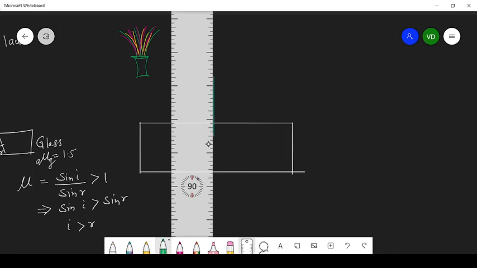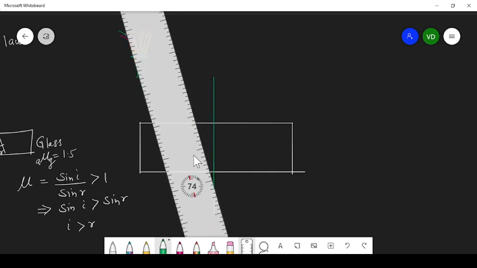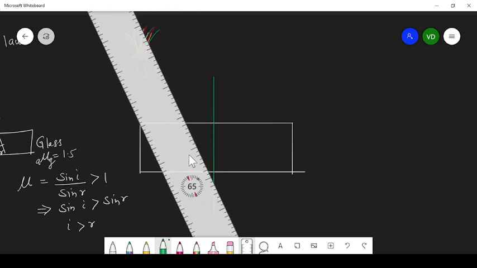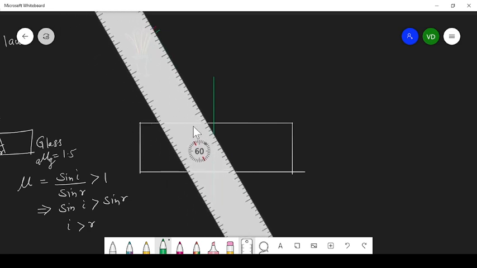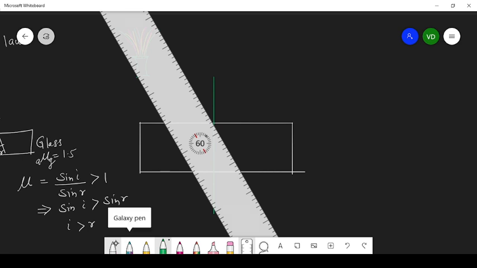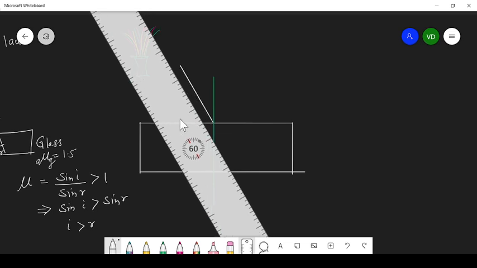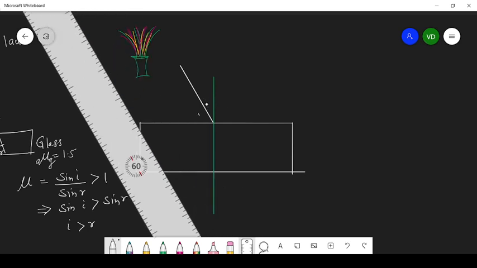I will just show with different color. And now again we take a similar example. For example, if I consider, say, 60 degree, of course this angle is with respect to the surface, so this will be 30 degree. So this is the angle of incidence, which is from the air. This is from air. Okay?